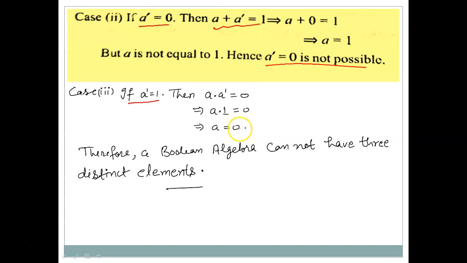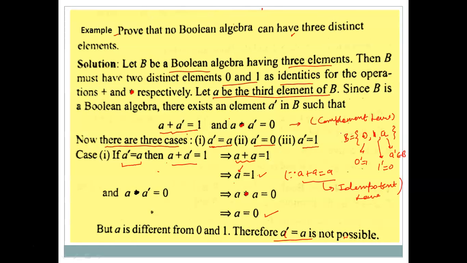So again, a wrong choice, because we are saying that a is not equal to 0 and not equal to 1. Therefore, a Boolean algebra cannot have three distinct elements, and that was what we wanted to prove here: no Boolean algebra can have three distinct elements.